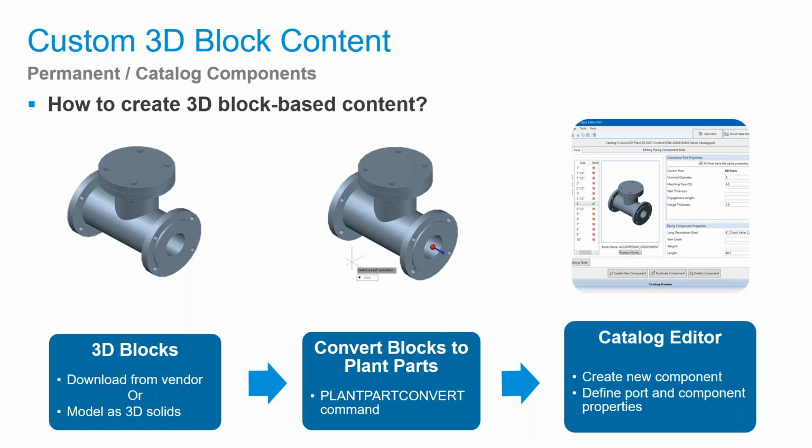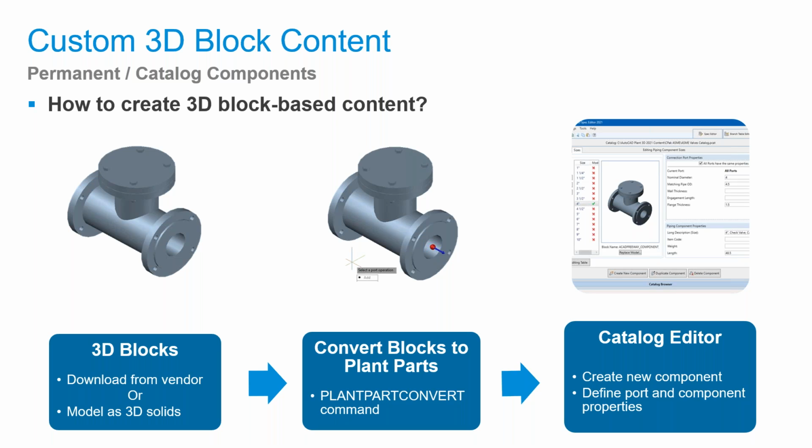So if you originally have just AutoCAD solids, then you'll need to create blocks out of those, and usually each block will have its own name that will include the size, the nominal diameter of that part, and maybe even its rating if it's a flange component or has a different rating, and some descriptive information. When you're managing many of these blocks, having them named properly and stored in a particular drawing that's stored along with your catalog is a really good idea.